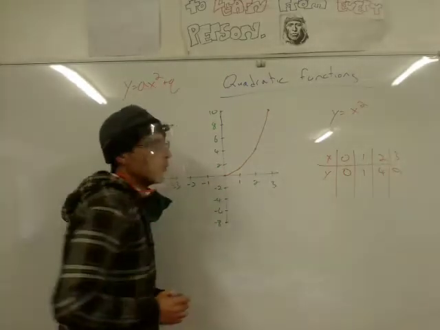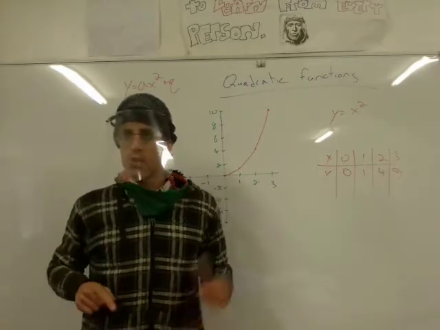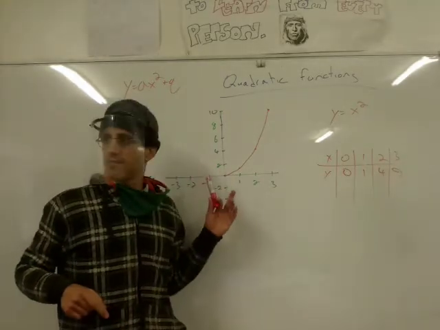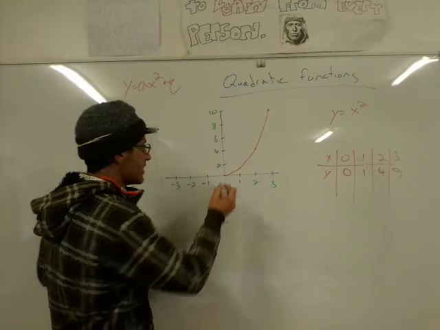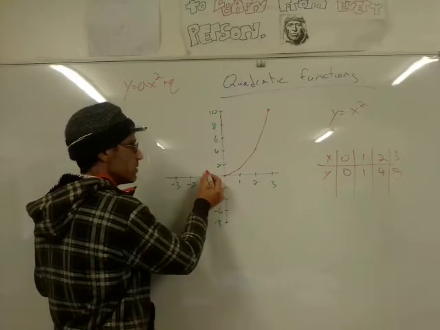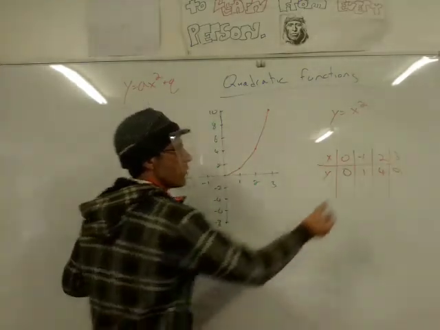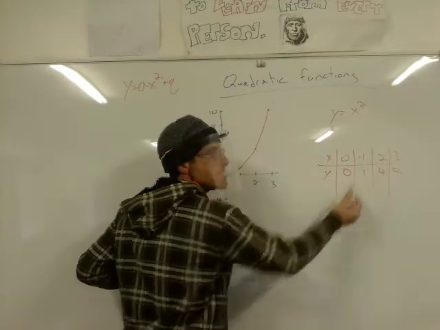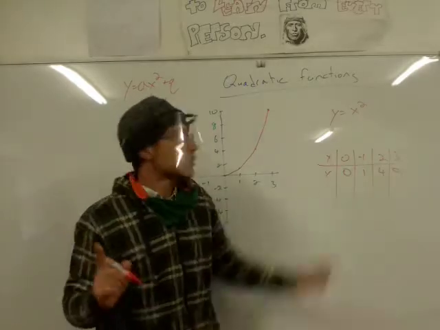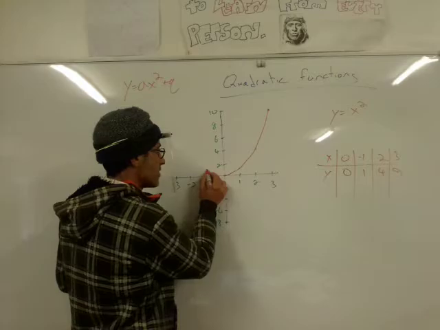Now the thing is that Luke didn't just say it like that, he said the whole thing, so we need to look at what happens on the negative x's. When x is negative 1, what will y be? Plus 1, still 1, because we square minus 1 and still get a positive 1.